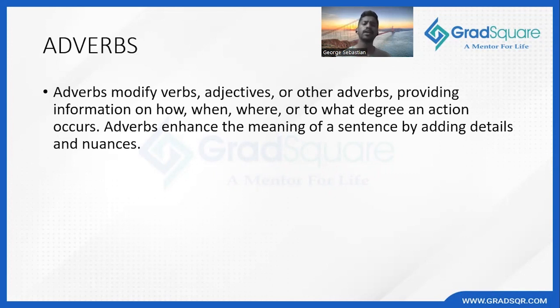It always provides us a degree of an action, right? Also like adjectives, adverbs enhance the meaning of a sentence by adding details and nuances, right? So basically it modifies verbs, adjectives, and other adverbs.